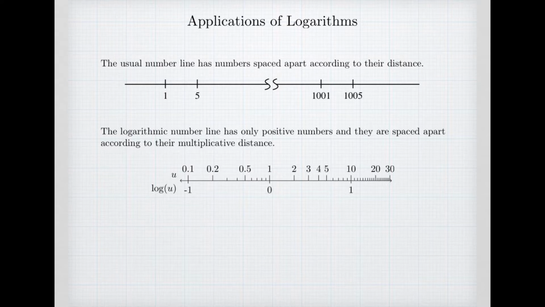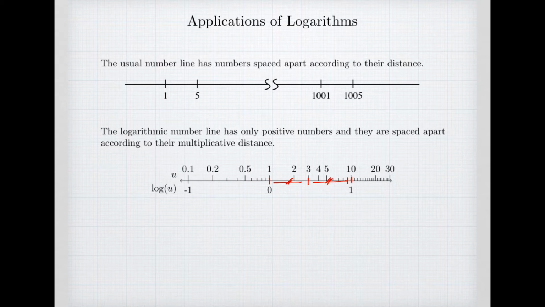So for example, 3 times 3 is 9, and the space between 3 and 9, let me mark that, is the same as the space between 1 and 3.